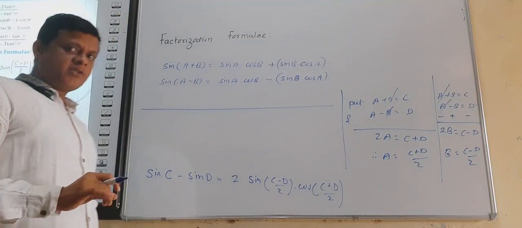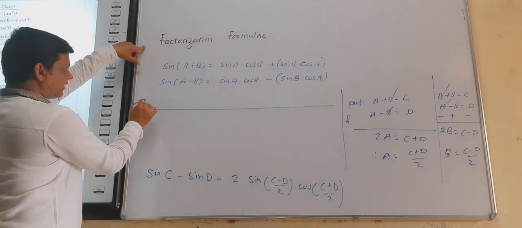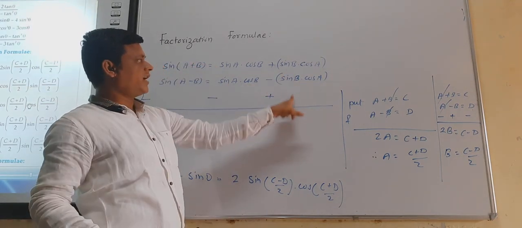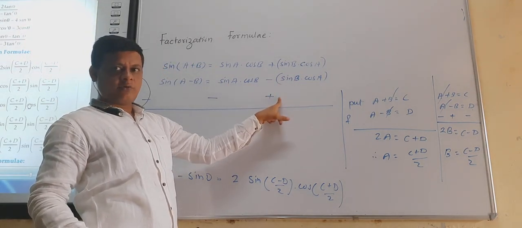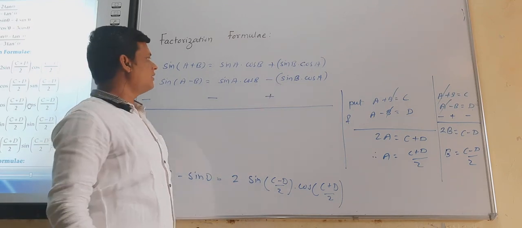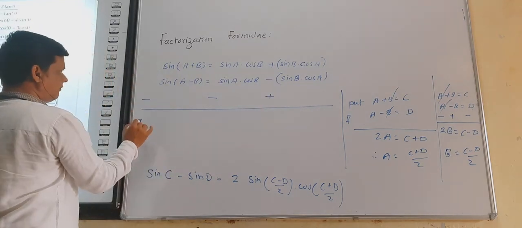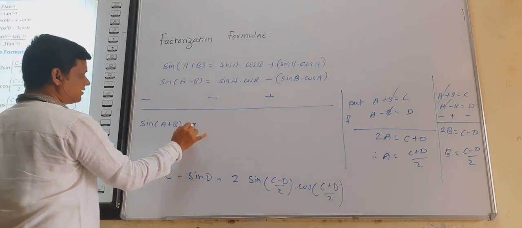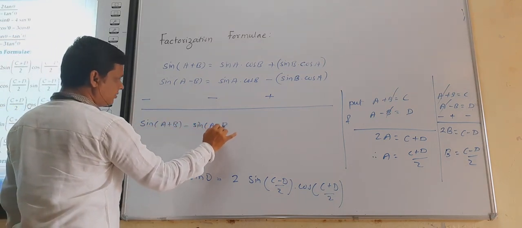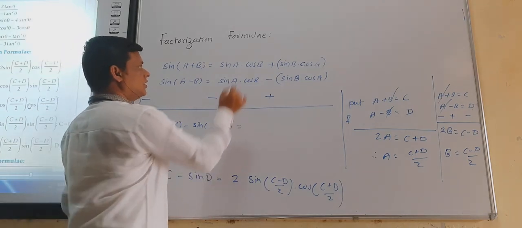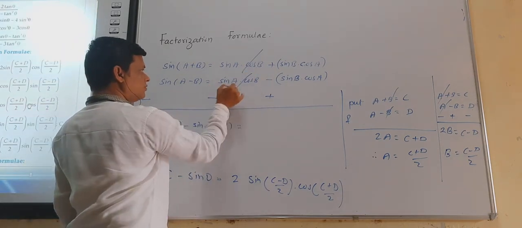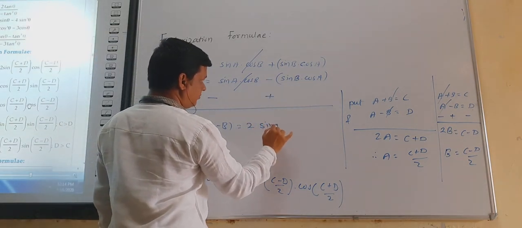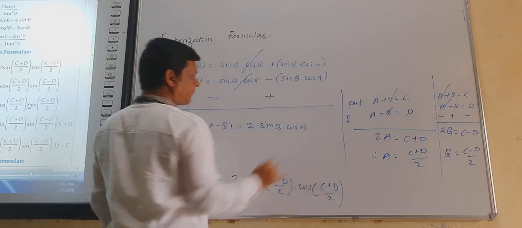Now see the calculation for that. If we subtract, we change sign. So from the left hand side we write sin a plus b minus sin a minus b equals, here these first two terms get cancelled, so we write 2 times sin b into cos a.